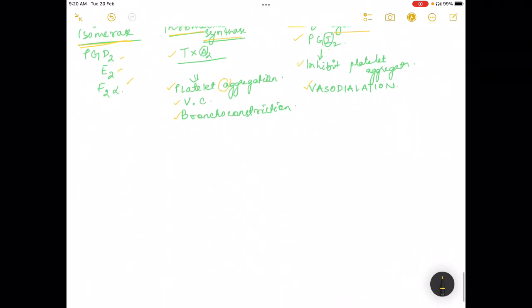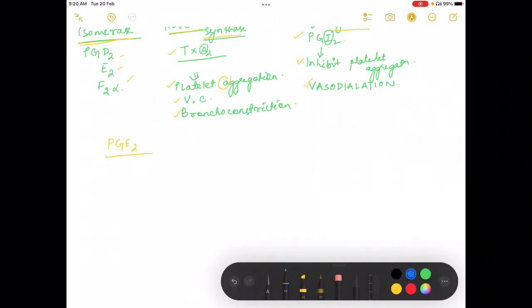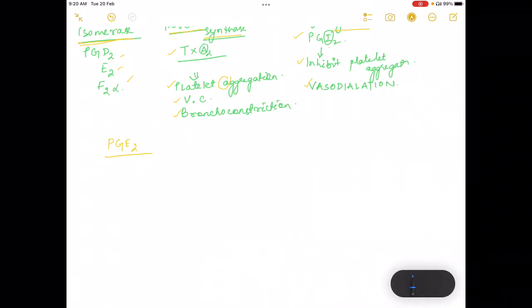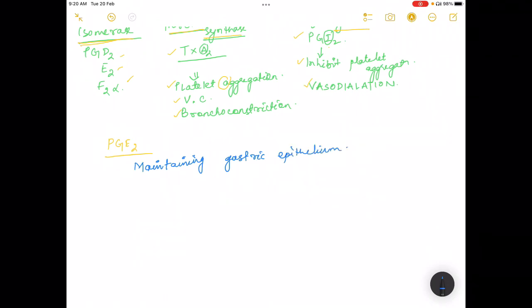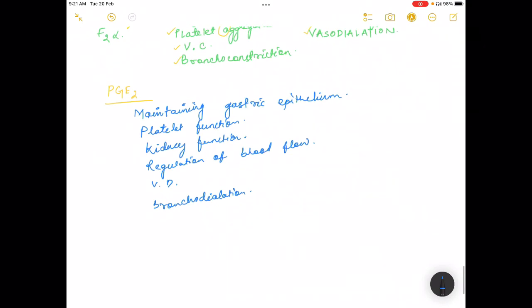So now coming to different prostaglandins. What is the action of PGE2 first? PGE2 is responsible for maintaining the gastric epithelium. Apart from that, it has a role in platelet function, kidney function, regulation of blood flow, vasodilatation, bronchodilation, and uterine stimulation.